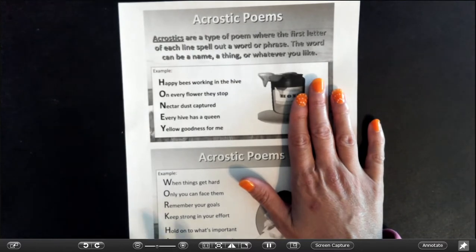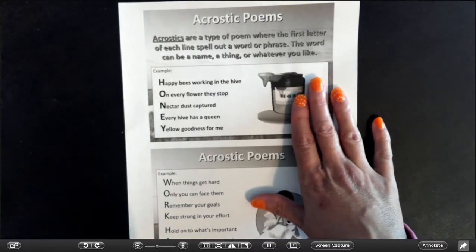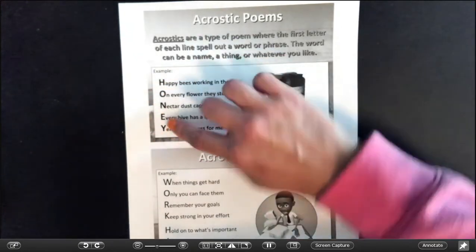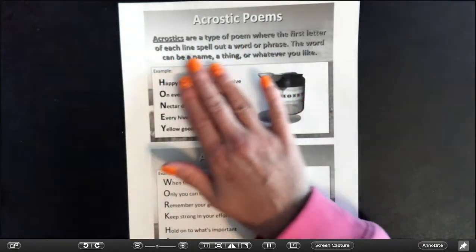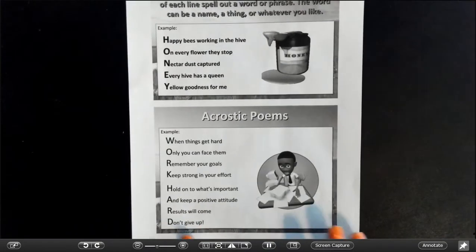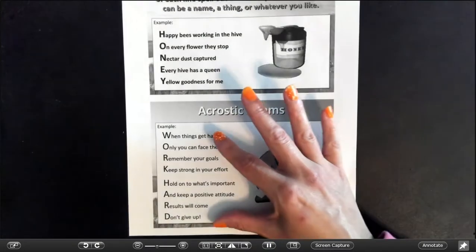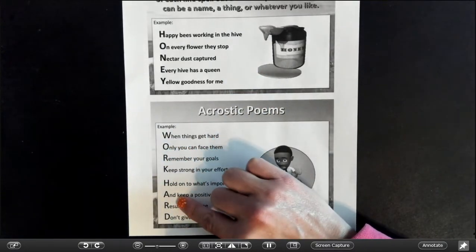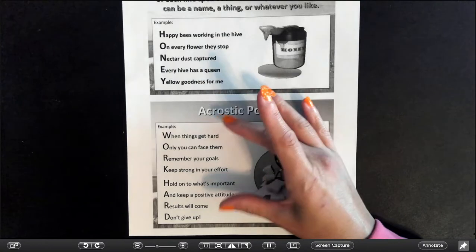The key thing here is that you have a subject that you write vertically in capital letters, and then every line talks about that subject. And here's one more example. This one has two stanzas because it has two words: work hard. So here are two stanzas.